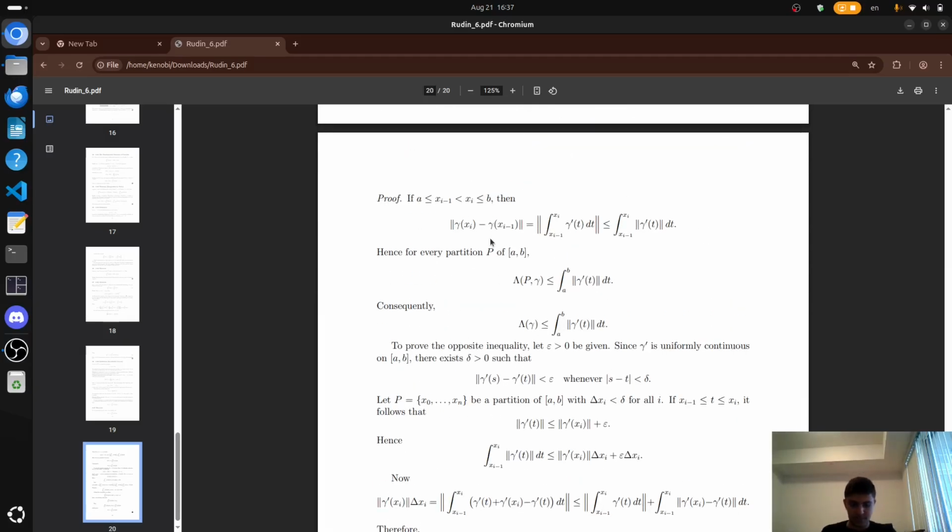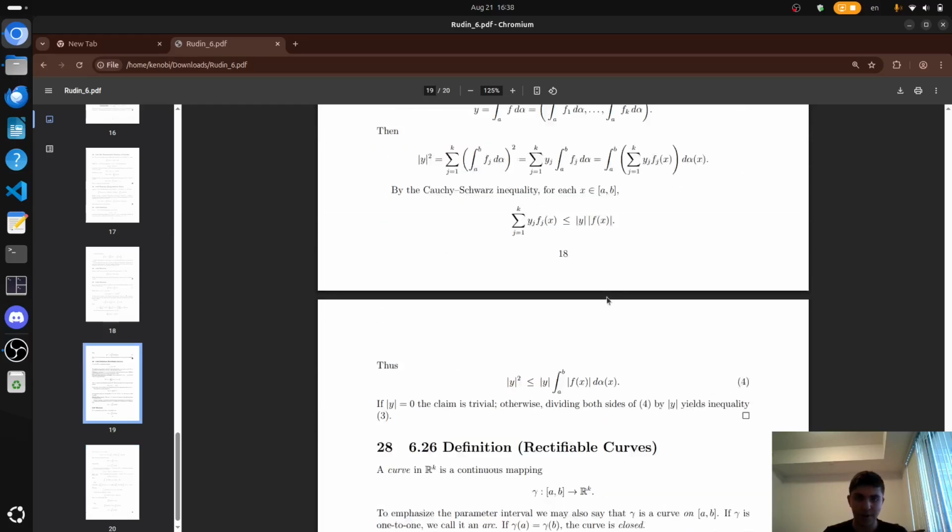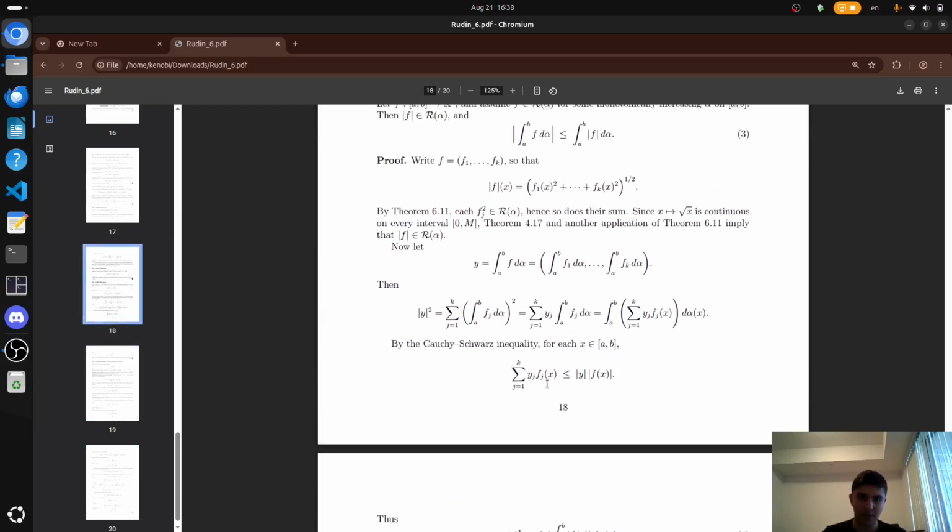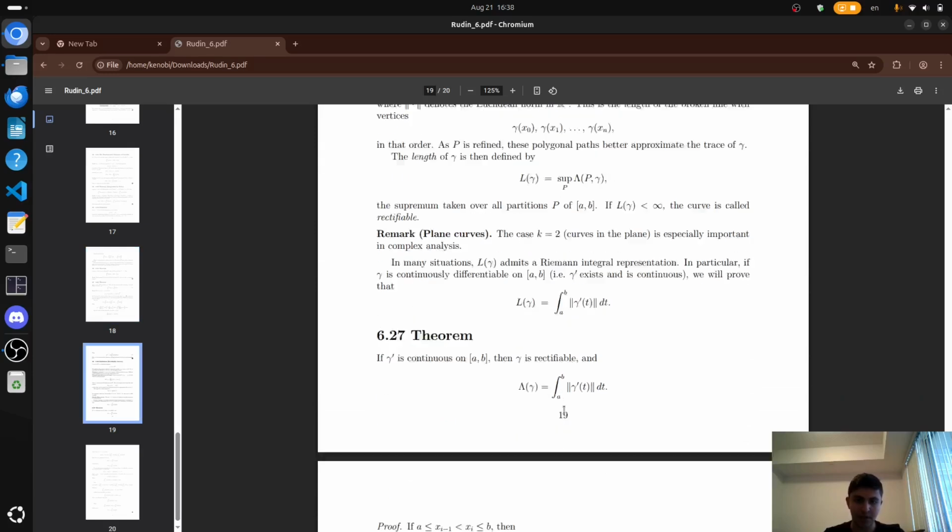So okay, if a is less than or equal to x_{i-1}, less than x_i, less than or equal to b, then gamma of x_i minus gamma of x_{i-1} is equal to the integral from x_{i-1} to x_i of gamma prime of t dt, because that's from the fundamental theorem of calculus. And we just proved the property that the absolute value of an integral is less than or equal to the integral of the absolute value.